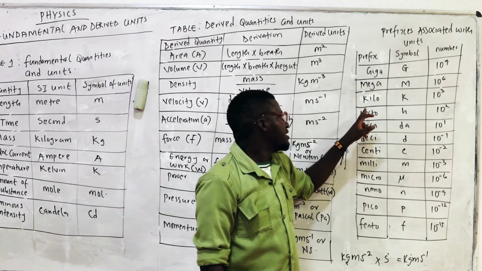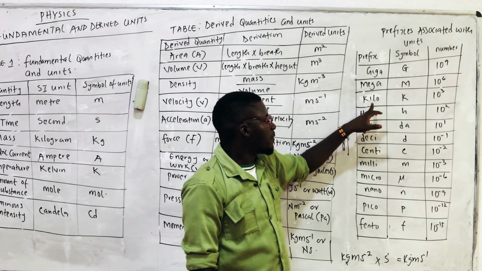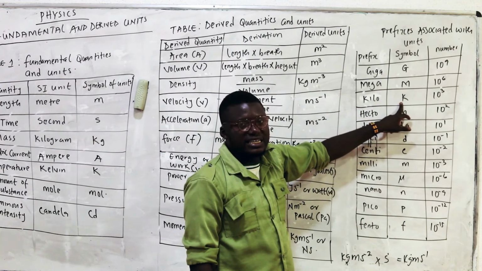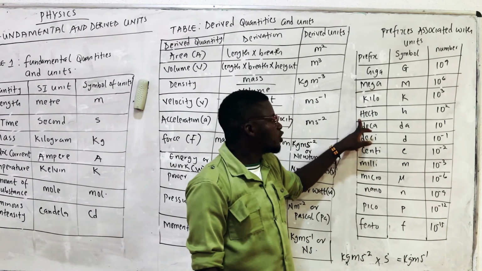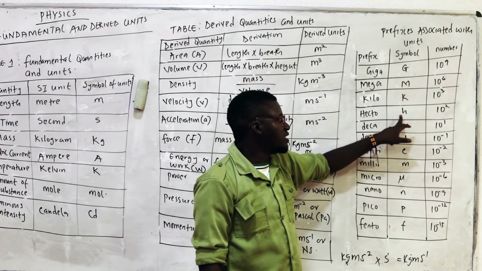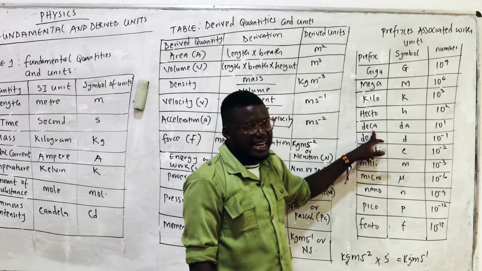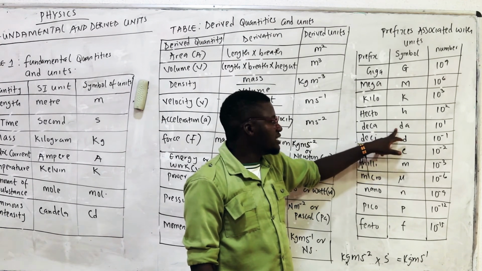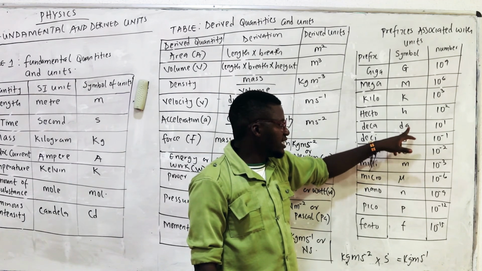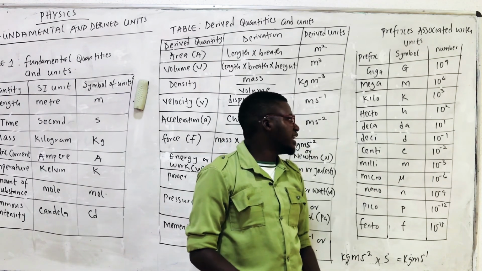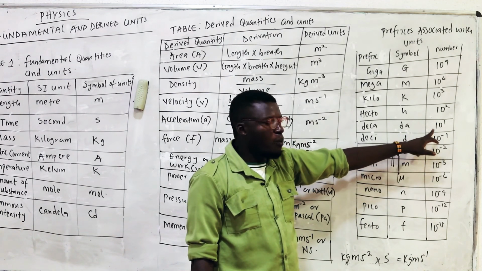Then kilo, denoted using capital K, is equivalent to 10 raised to the power of 3. Hecto is denoted with small h and given as 10 raised to the power of 2. Then we have deca, denoted with small d and small a, given as 10 raised to the power of 1.